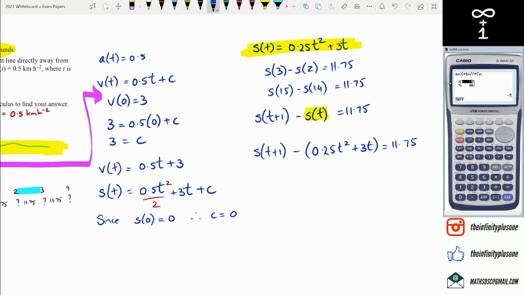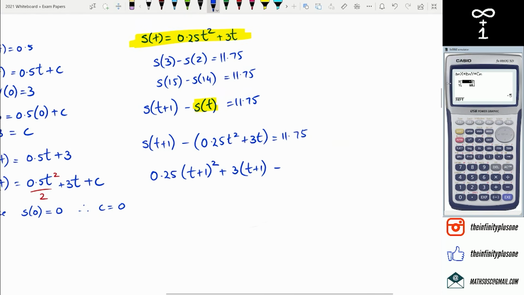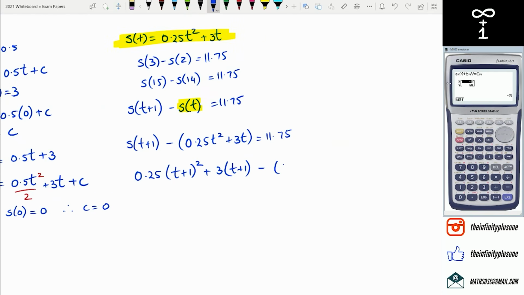Wherever t is, we're going to replace it with t plus 1. So s of t plus 1 is going to be 0.25 (t plus 1) squared plus 3 times (t plus 1), and then minus s of t, which happens to be 0.25 t squared plus 3t, and all of this is equal to 11.75.